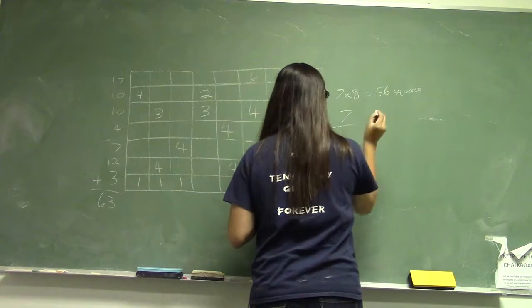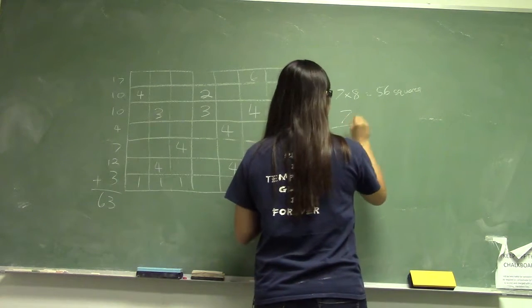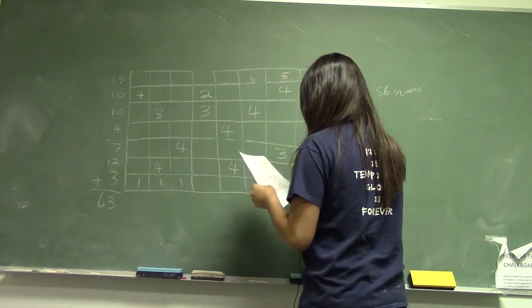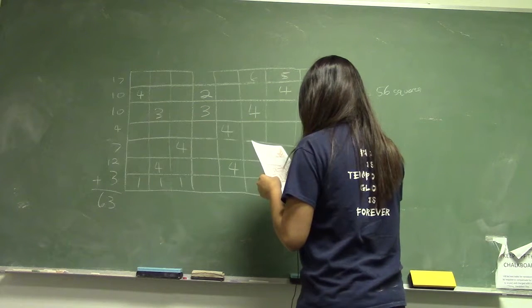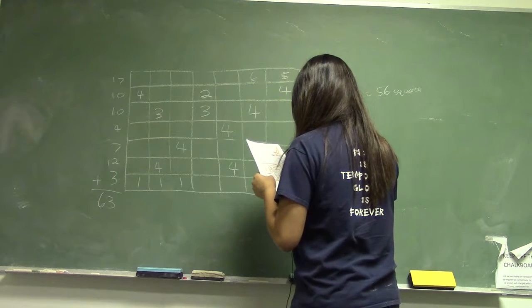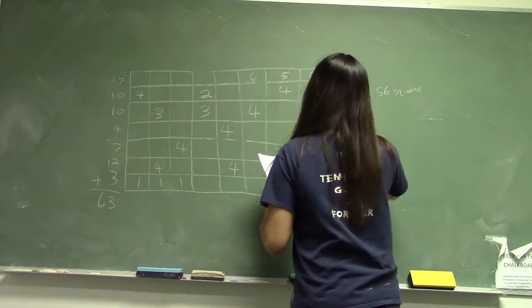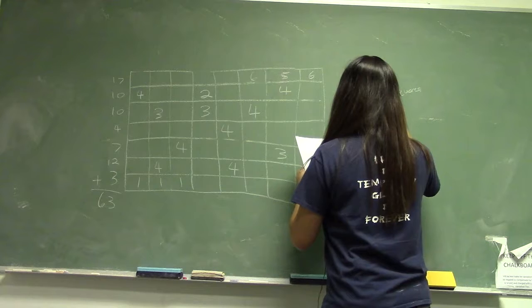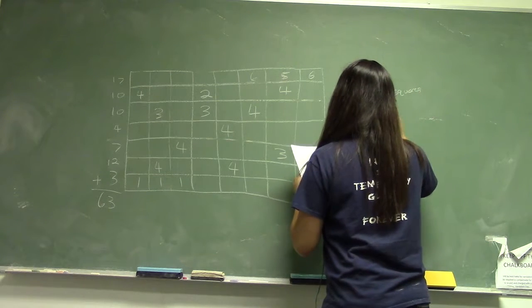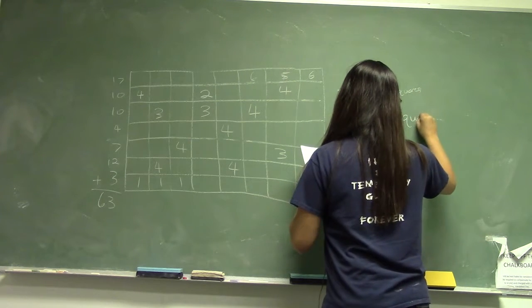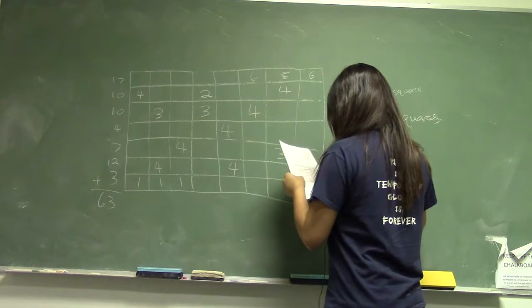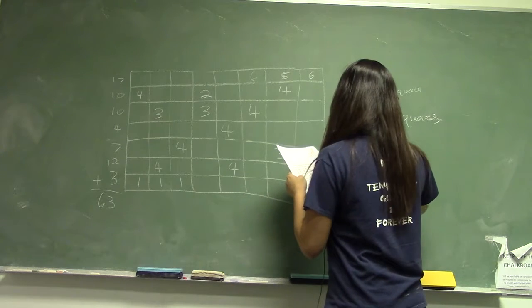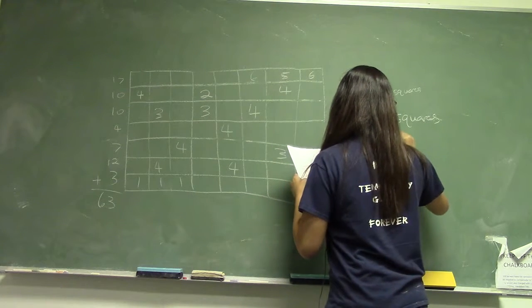So 7 is the number of pieces there should be, so there should be 8 squares in each piece, and the sum in each piece should be 9.